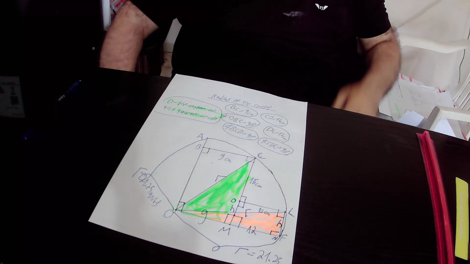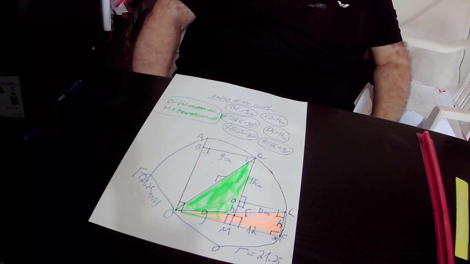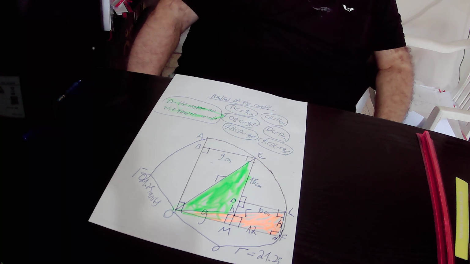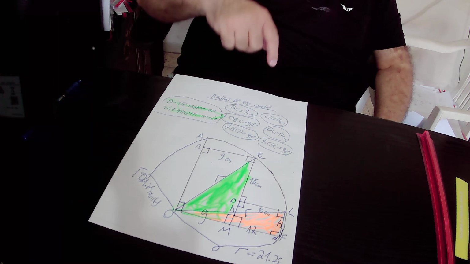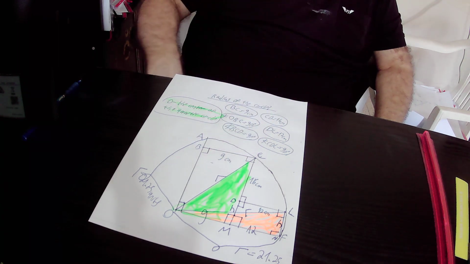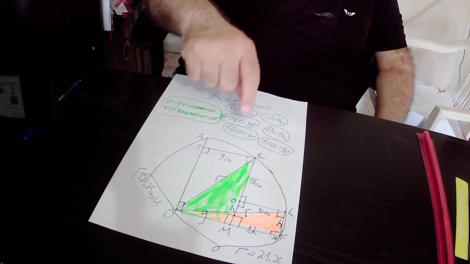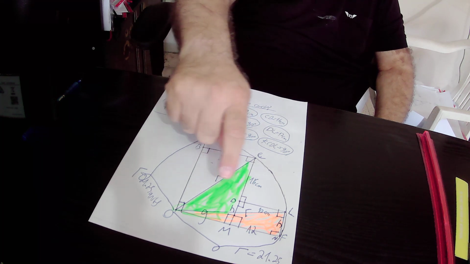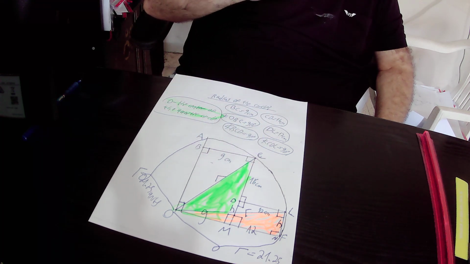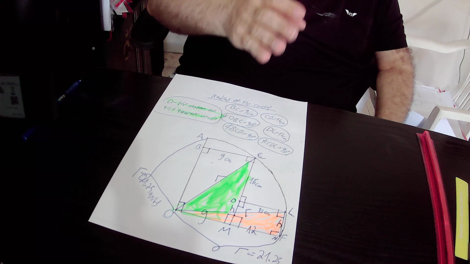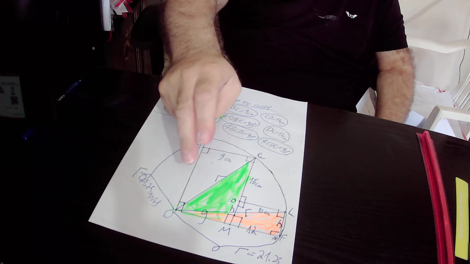Okay, so in the next step we extended the straight line CD until it touches the radius OF at point M. Point M is the touching point of the extended straight line CD and the radius OF.